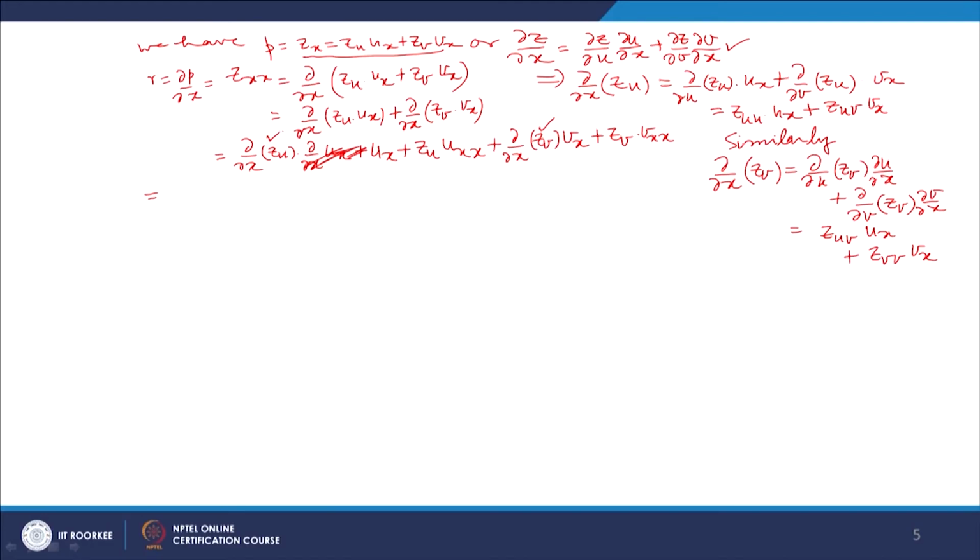So, first we put this value. So, this is equal to z_uu into u_x plus z_uv into v_x, multiplied by u_x, plus z_u into u_xx, plus, now we put the value of this partial derivative of z_v with respect to x. So, z_uv into u_x plus z_vv into v_x, multiplied by v_x, plus z_v into v_xx.